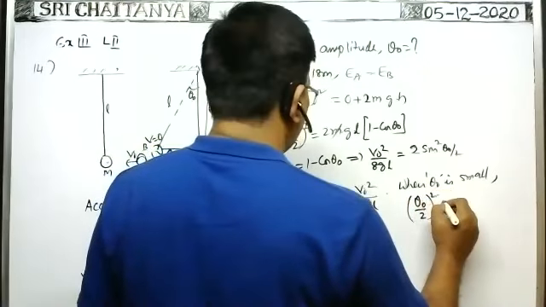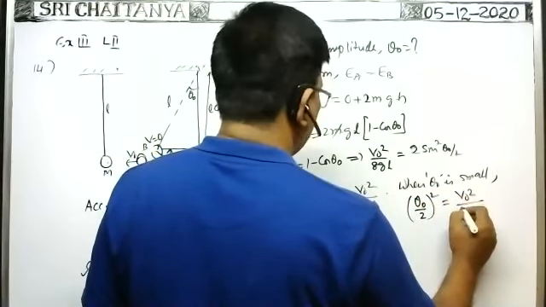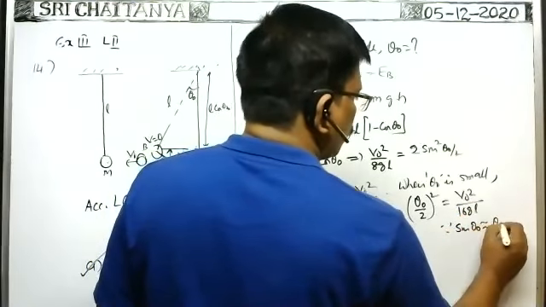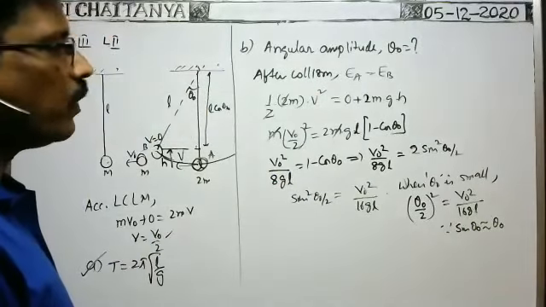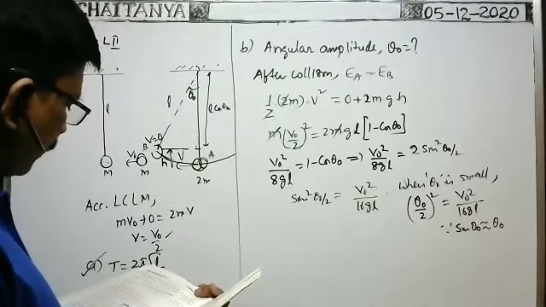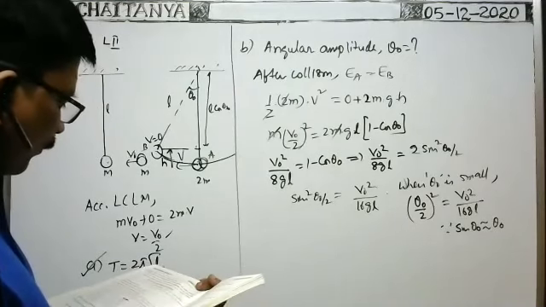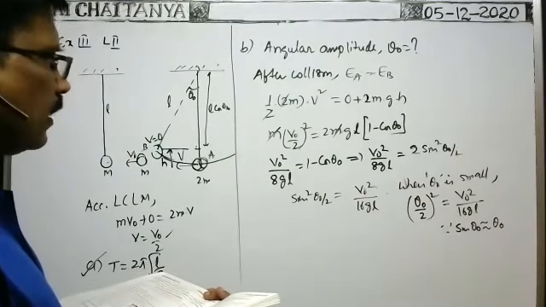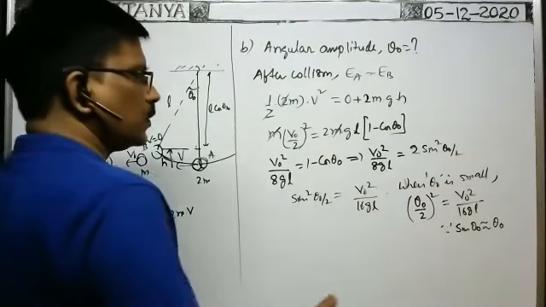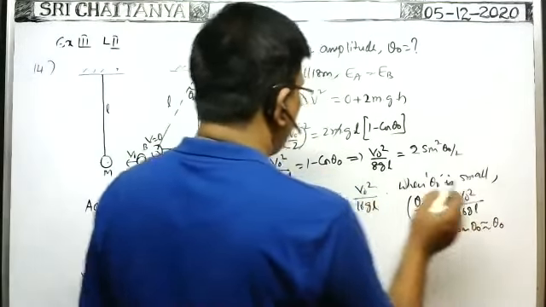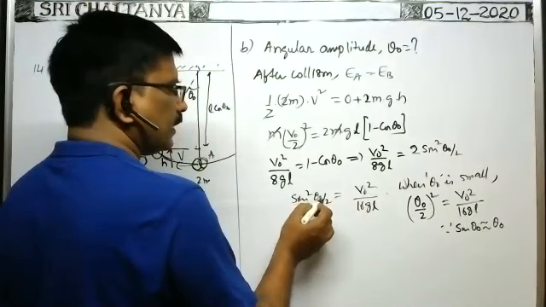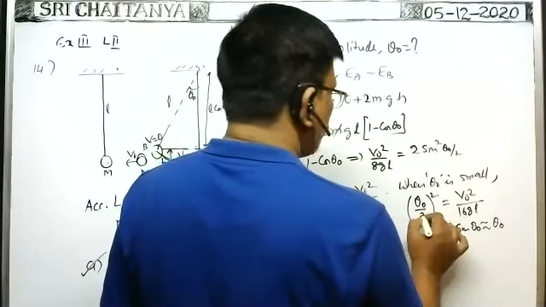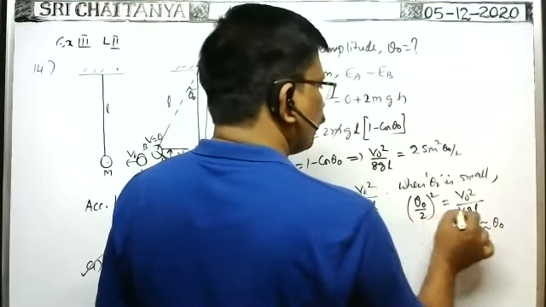That's why (theta naught by 2) whole square is equal to V naught square by 16gL, since sin theta naught is nearly equal to theta naught. If theta naught is small. But was the angular amplitude theta naught given as small or not? He didn't give it, but here the answers don't involve sine inverse of V naught, so take this consideration: sin theta naught is nearly equal to theta naught. So sin theta naught by 2 can be written as theta naught by 2. Since square is there, square is equal to V naught square by something. So 2 here, it is 4, no? It is 4.